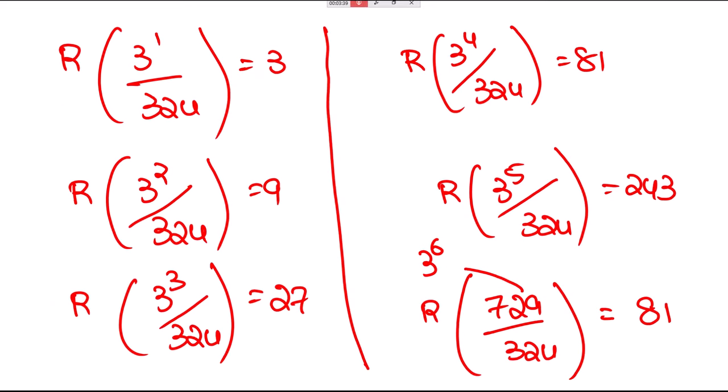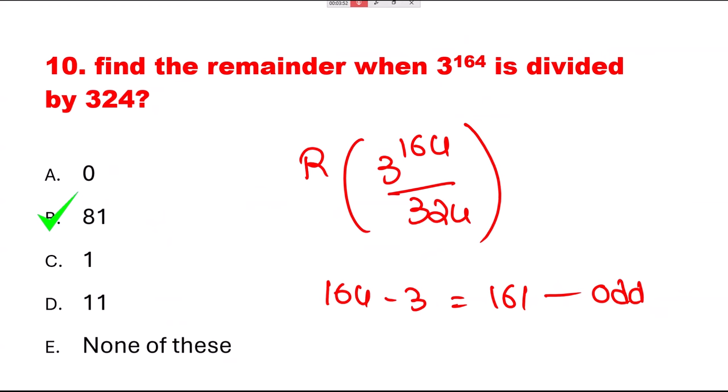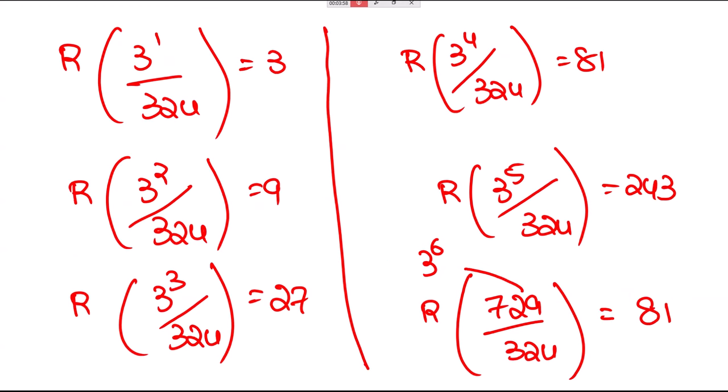We came to know for even power 81, for odd power 243. Or else, no need to remove minus 3 also. Wait, sorry, that analysis is wrong.